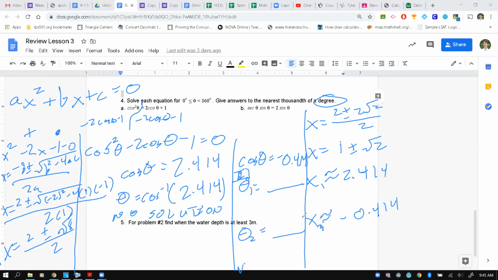You can check your answers by plugging them back into your original equation and seeing that it satisfies it. You could also go to desmos.com and graph the cosine squared of x and the 2 cosine x plus 1 and see where they intersect between 0 and 360 degrees.